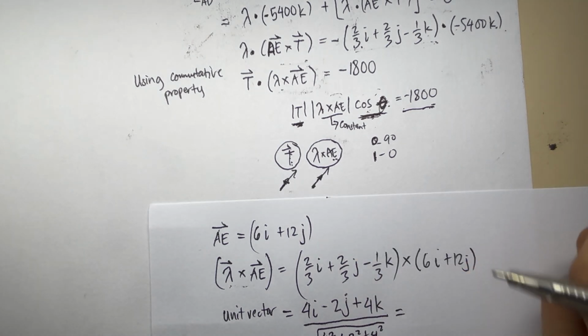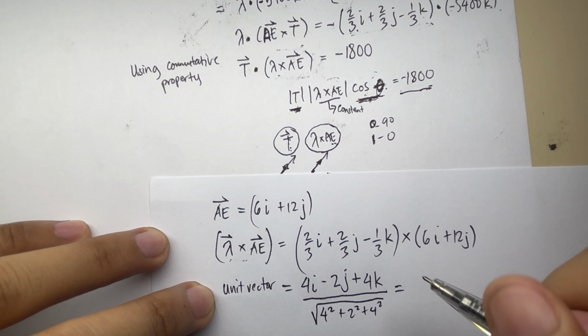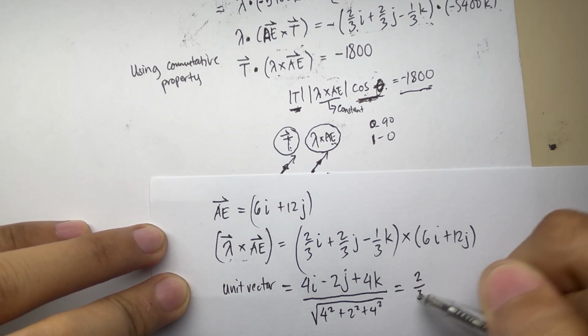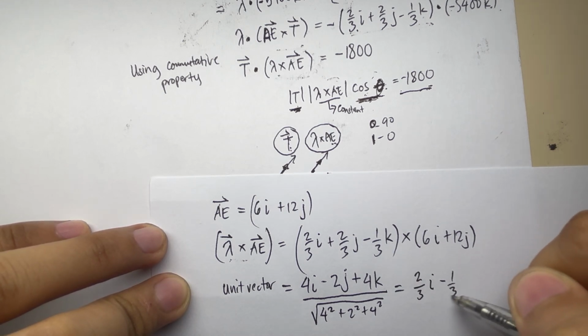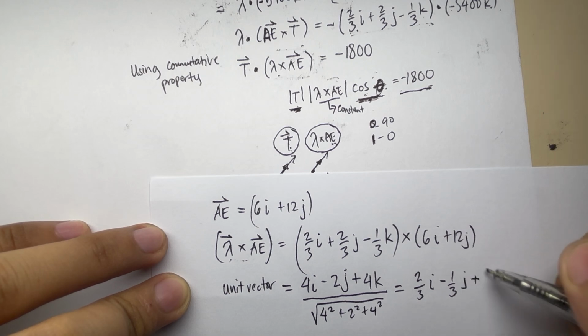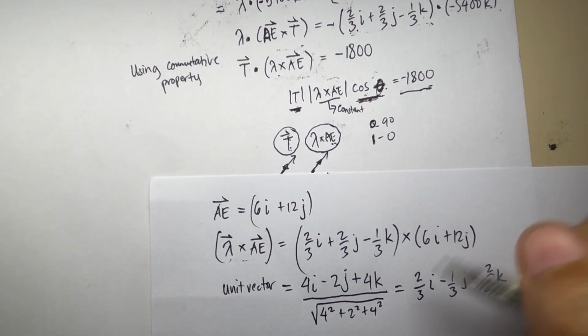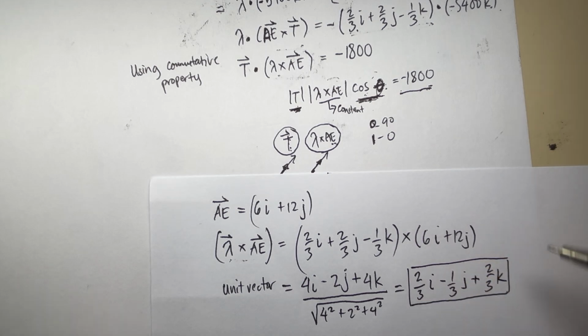So that is equal to 2/3 i minus 1/3 j plus 2/3 k. So this would be the unit vector of our t.